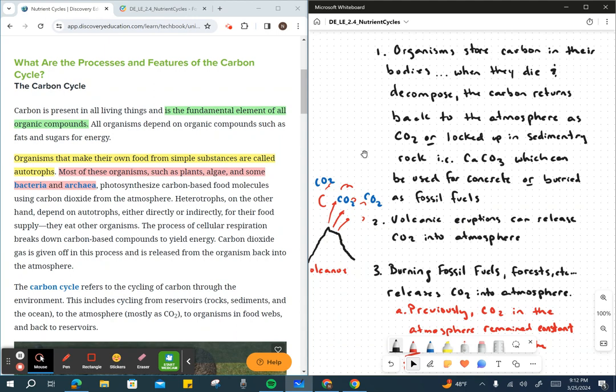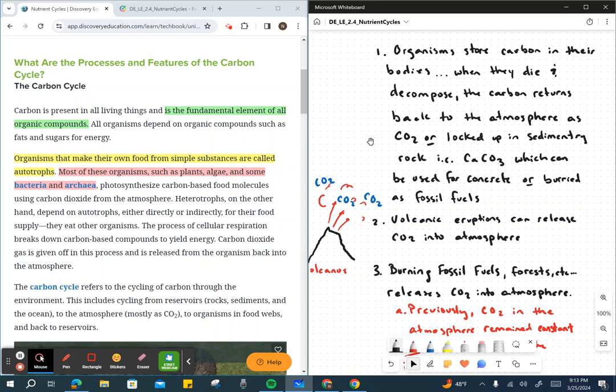Remember that CO2 that's locked up in things like the ocean floor sediment? That's usually going to be locked up in things like calcium carbonate rock formations. And when we make concrete, we release a lot of that carbon back into the atmosphere. So again, that's just showing you that this process is constantly cycling. Volcanoes, their eruptions produce a variety of gases, and some of those gases are carbon dioxide.